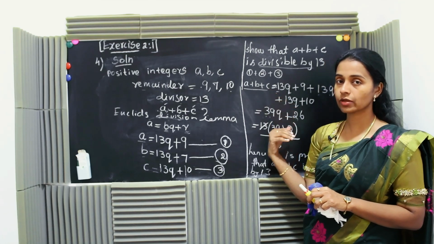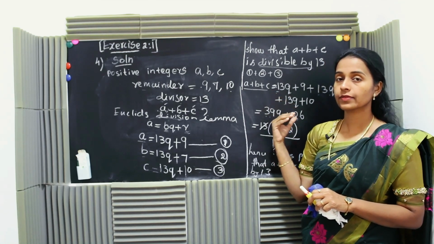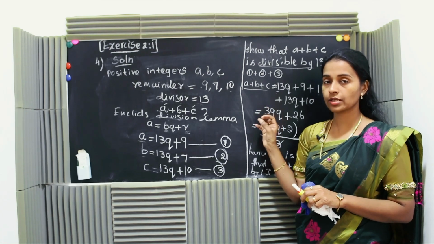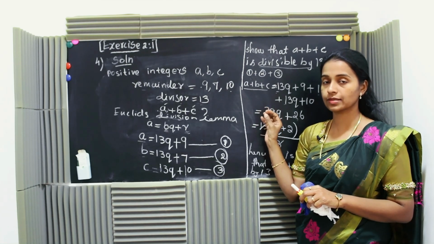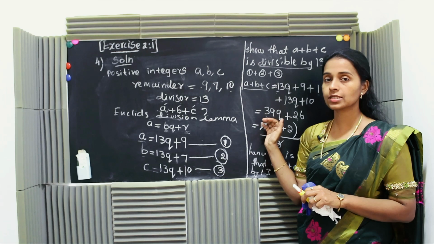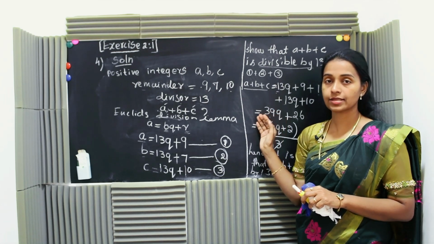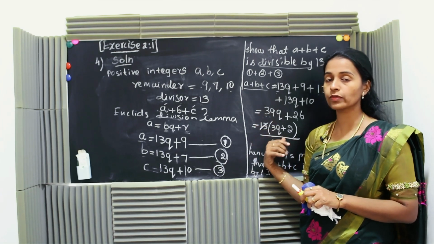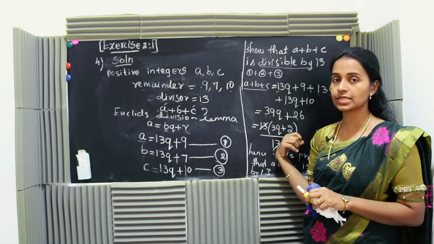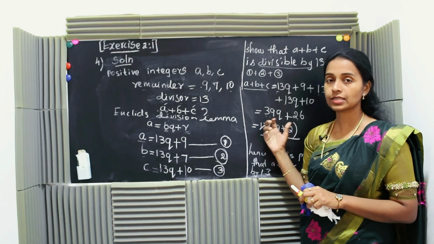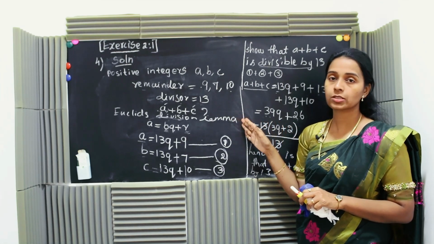Then we'll be getting a particular answer. And we need to check whether that particular answer is divisible by 13 or not. If it is yes, we can write the answer as hence it is proved that A plus B plus C is divisible by 13. That is all about this solution.